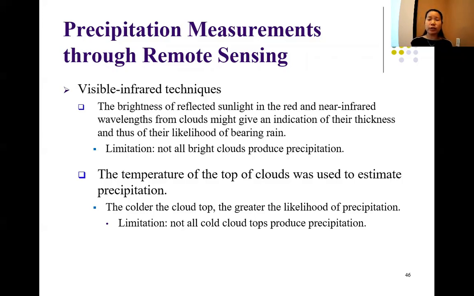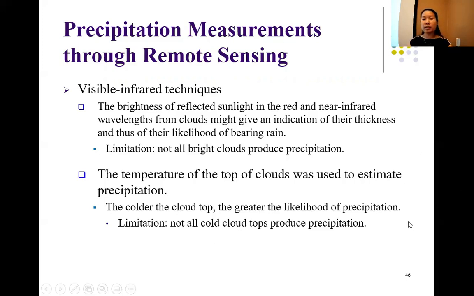However, not all cold cloud tops produce precipitation. This means that when you try to use those kinds of data sets, there may be confusion between cold clouds with heavy precipitation versus cold clouds that do not produce much precipitation.